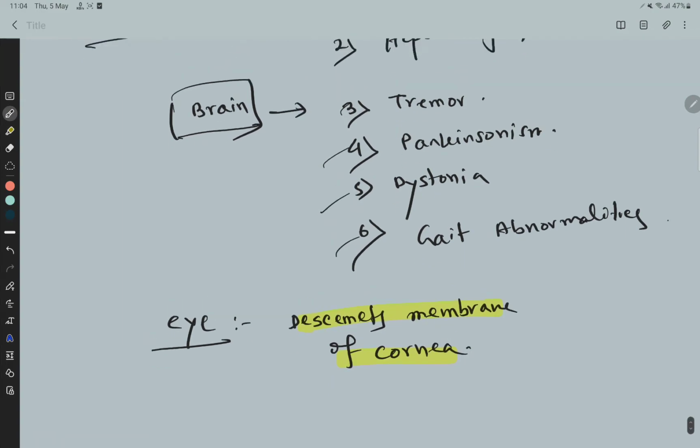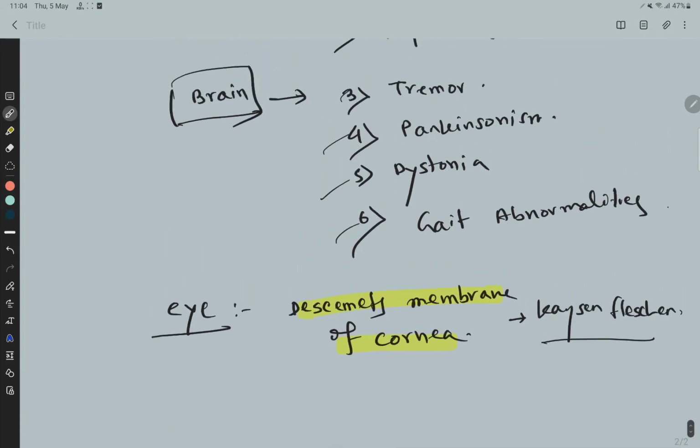The ultimate result is a ring, and that is called the Kayser-Fleischer ring. Okay, so it is very important for exam purpose: Kayser-Fleischer ring.